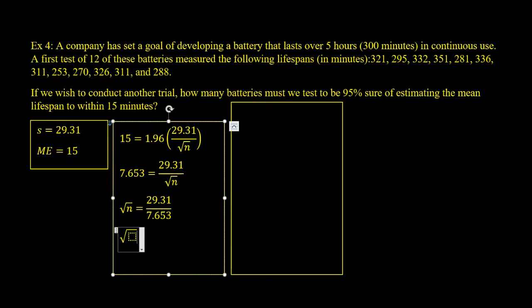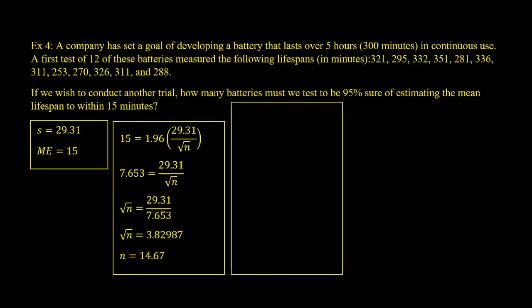It gives us the square root of n equals 3.82987. And of course, to get n, we just square both sides. So n equals 14.67.